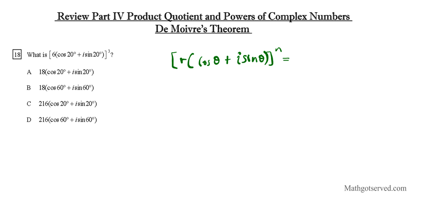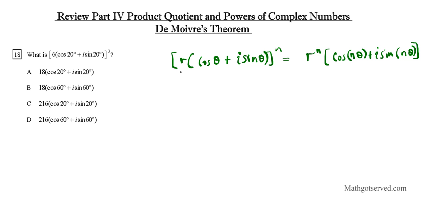That is going to become the radius raised to the nth power times cosine of the power times the angle plus i sine the power times the angle. So you basically raise the radius to the power and multiply the power by the angle. That's basically how you apply the De Moivre theorem to finding the powers of complex numbers in polar form.